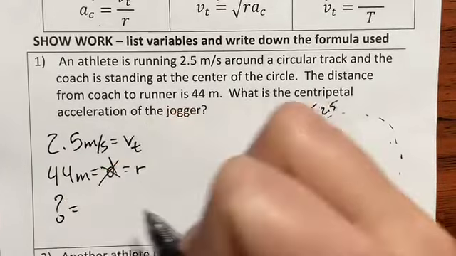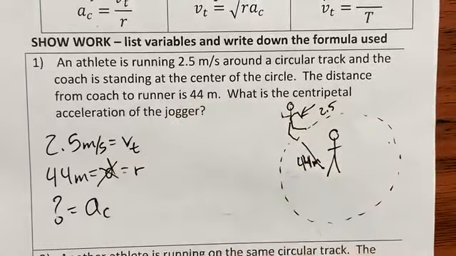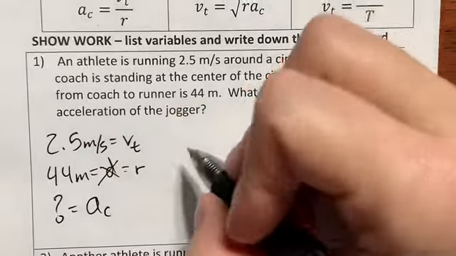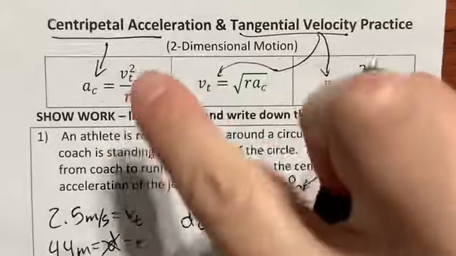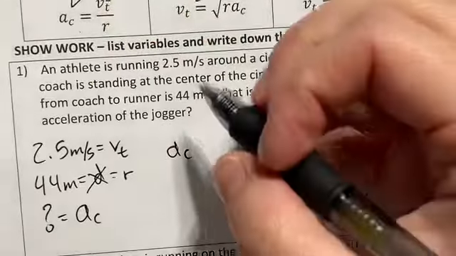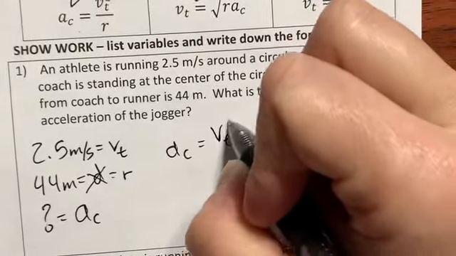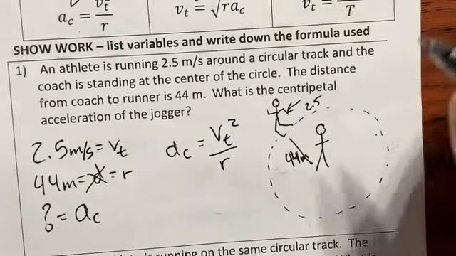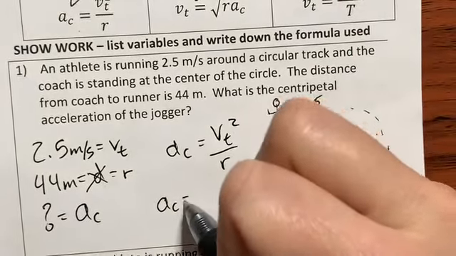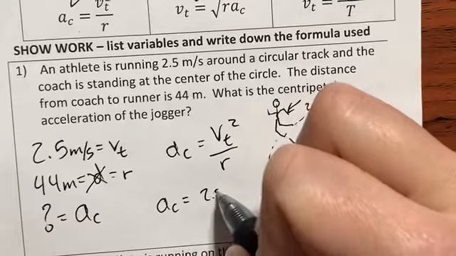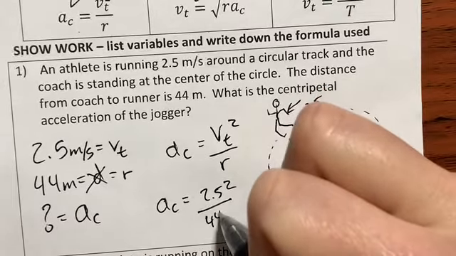Question is asking for the centripetal acceleration, A subscript C. There's only one formula for that, right here. Tangential velocity squared divided by the radius. Plugging in the values, 2.5 squared divided by 44.